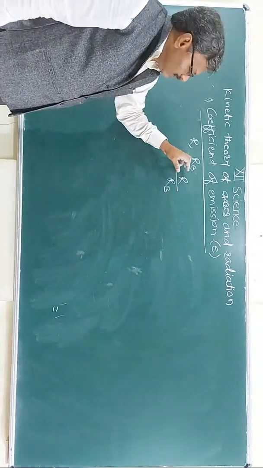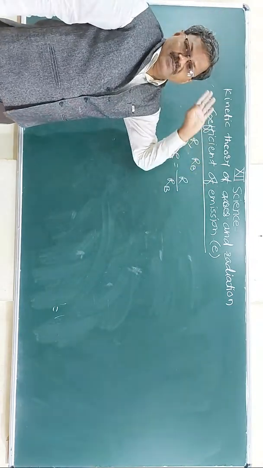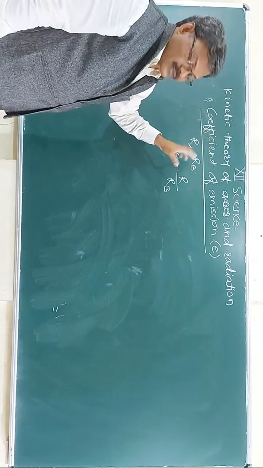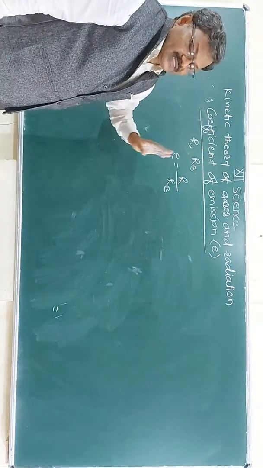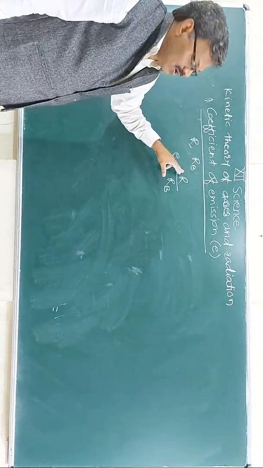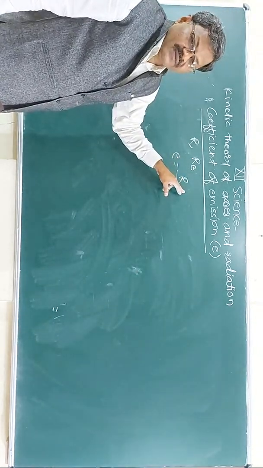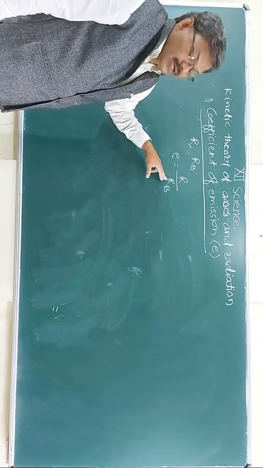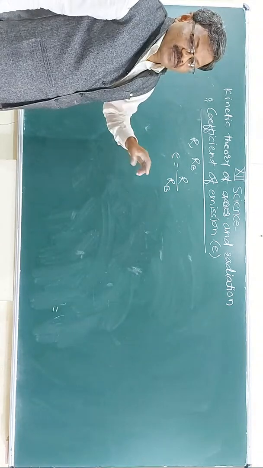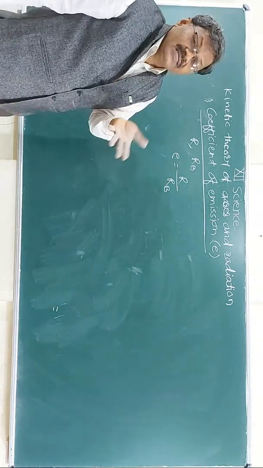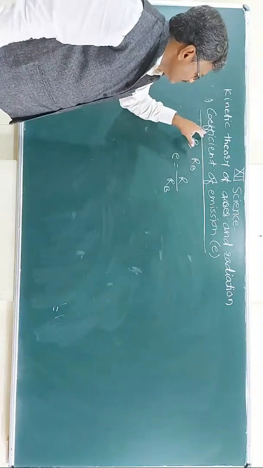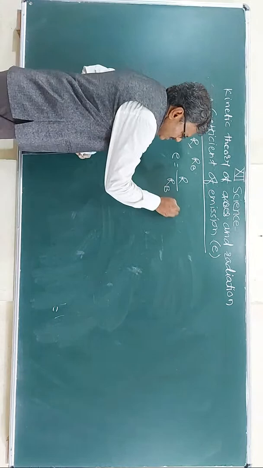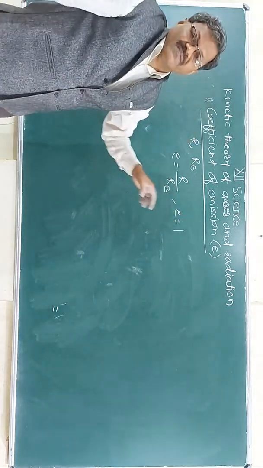We can define the coefficient of emission of the given surface as the ratio of the emissive power of the surface at a given temperature to the emissive power of the perfect black surface at the same temperature. This coefficient of emission is maximum for the perfect black body.